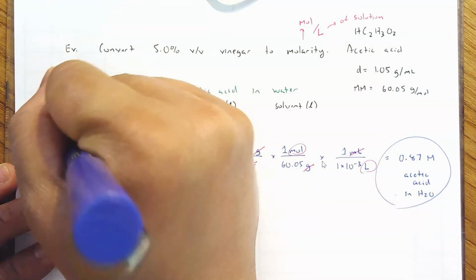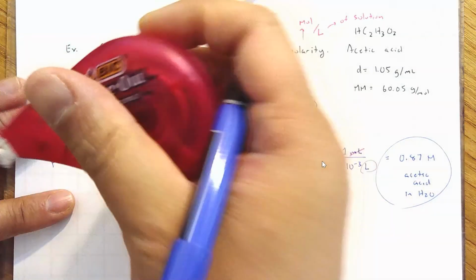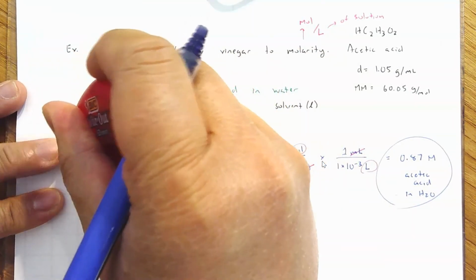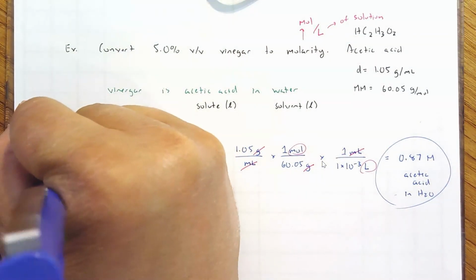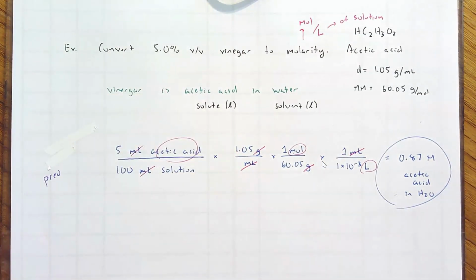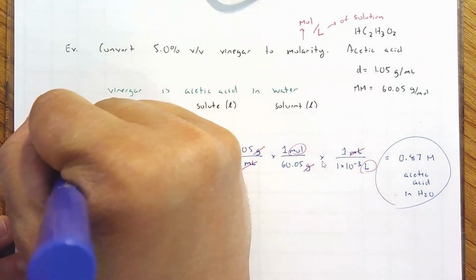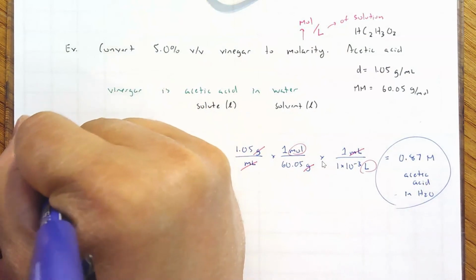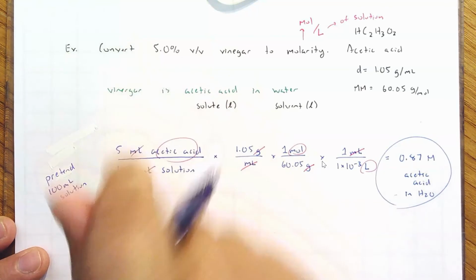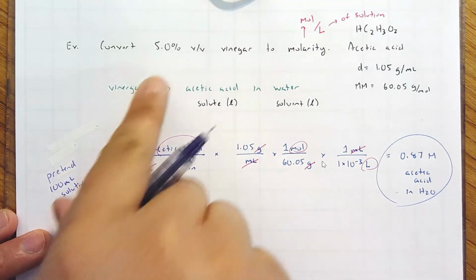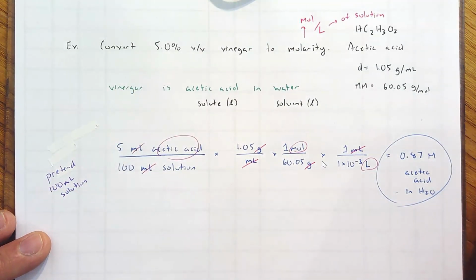If you pretend that you had 200 milliliters, it will still work out because this number will scale up as well. But I made it easy. Pretend you have 100 milliliters of solution. But you can pretend any amount because it's a percentage that we're working off of.